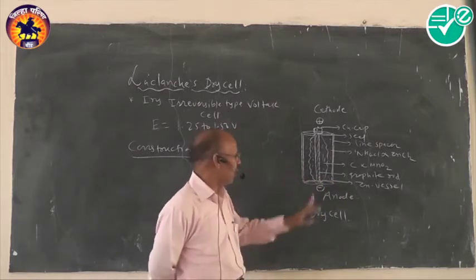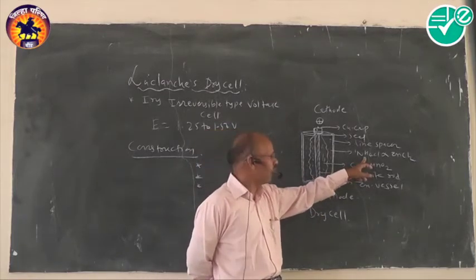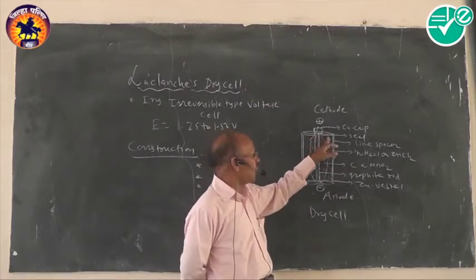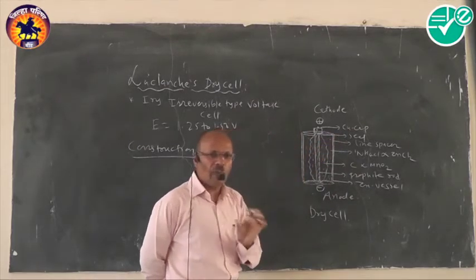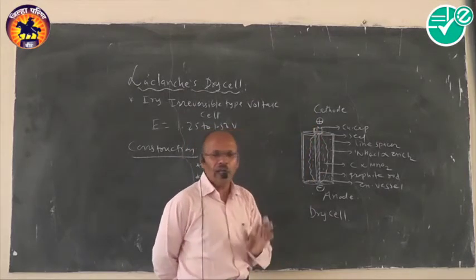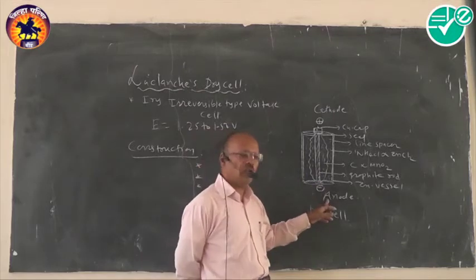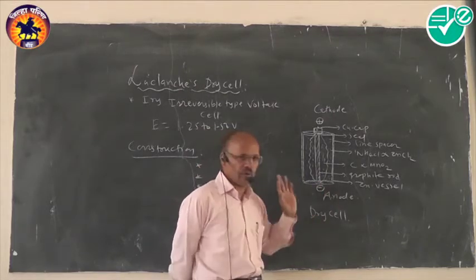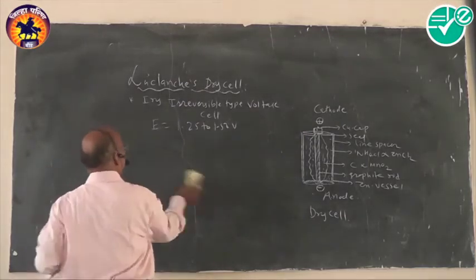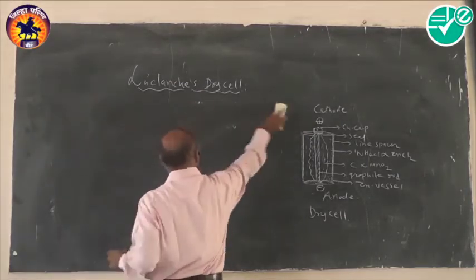The remaining part of the vessel is filled with ammonium chloride and zinc chloride. After that, it is enclosed with a seal. The copper cap is already placed here. The graphite rod acts as the cathode and the zinc vessel itself acts as the anode. So this is the construction of the dry cell, which is known as the Leclanché dry cell.